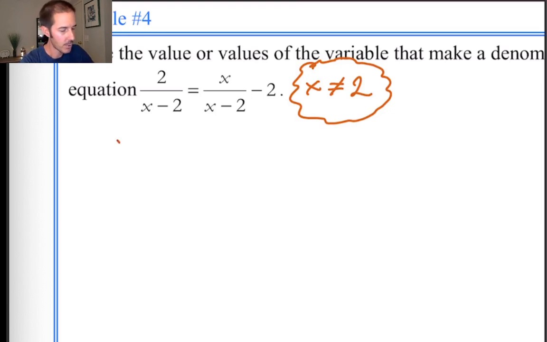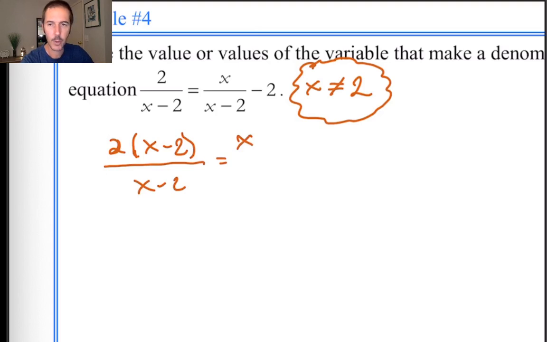I'm going to take the 2 from my first numerator and I'm going to multiply it by x minus 2. And I'm going to keep the original denominator of x minus 2, equals the original x in my next numerator.